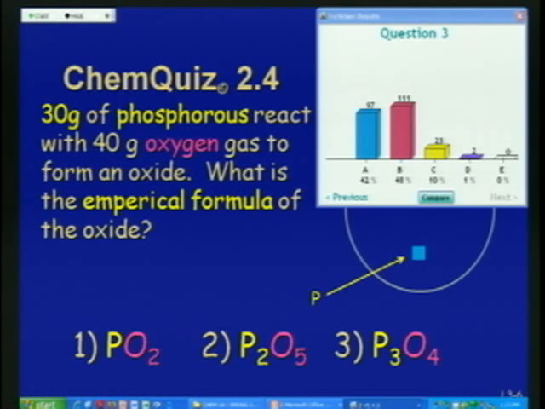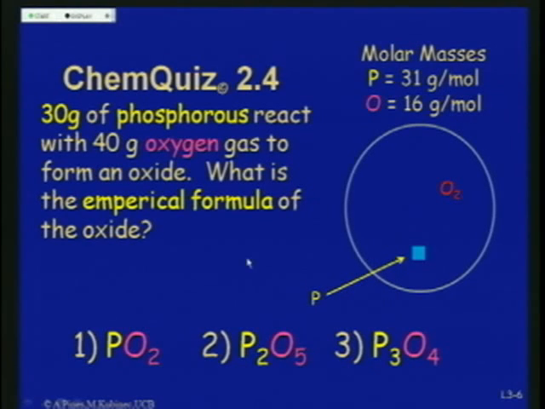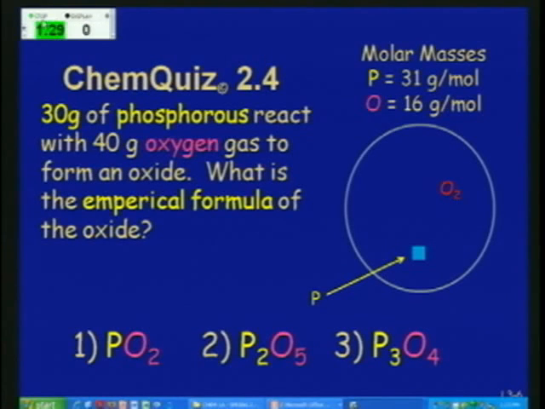So why don't you, there's not much I can help you with this, because this is 1 mole, and it reacts with 40 grams of oxygen. So how many moles is that? And then you have to have a whole number ratio, and you can deduce the formula. Why don't we do this again, and you discuss this with each other? Wake up, get the blood in the head.